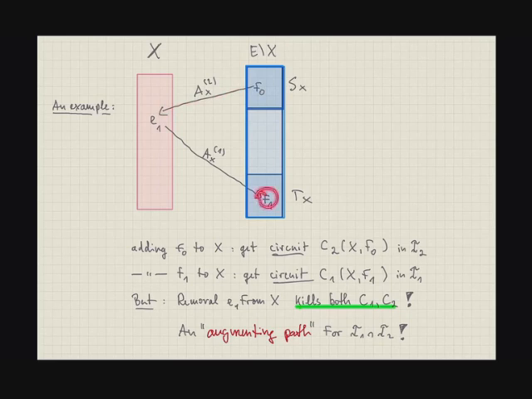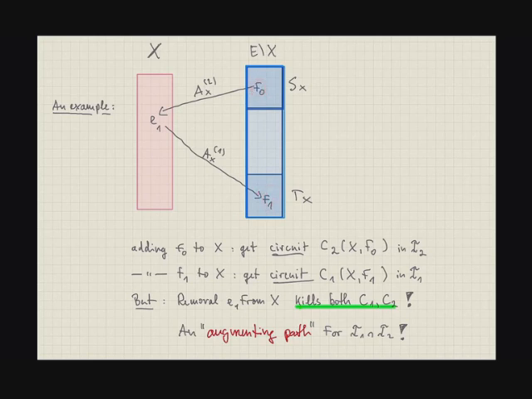Likewise, when I add element F1, I get something that is infeasible or dependent with respect to the first matroid. And how can I get rid of this dependence or infeasibility? Well, the significance of this arc tells me that I can kick out this element. And that means that I have one and the same element that I can kick out, which destroys both infeasibilities with respect to these two different circuits, right?